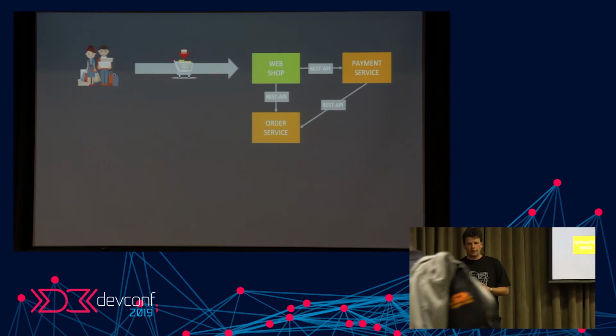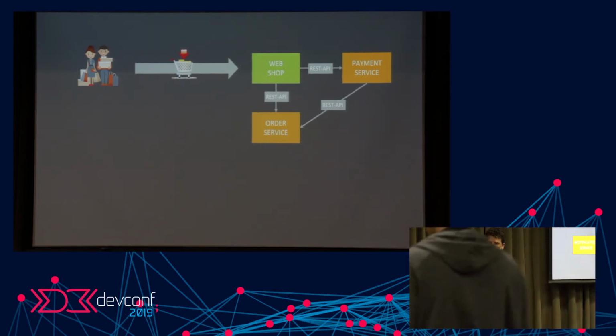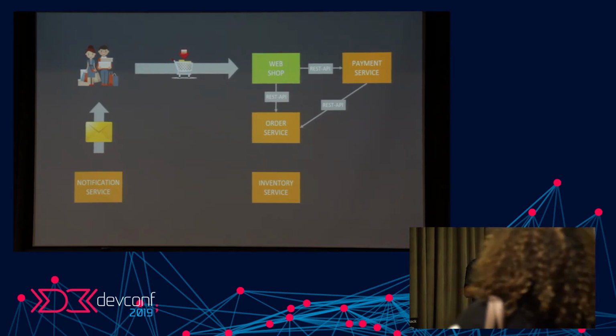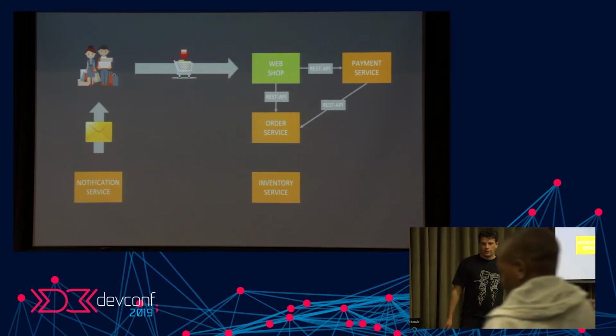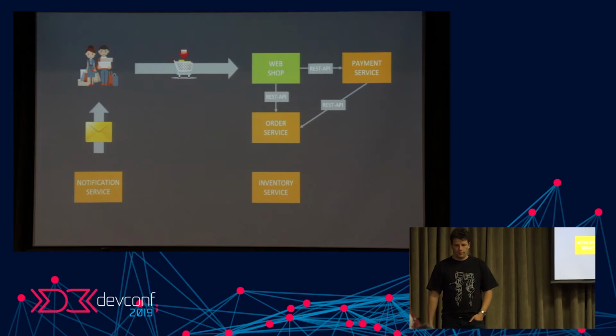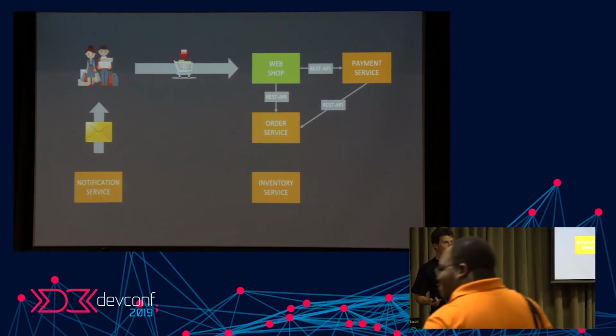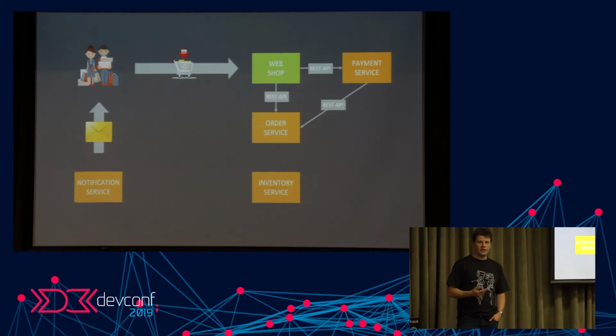So what we want is to keep track of inventory. We want to know how much stuff we have in-house that we can still sell. So we want an inventory service. And also, we want to notify our clients about order status and stuff like that. So a notification service would do fine as well.